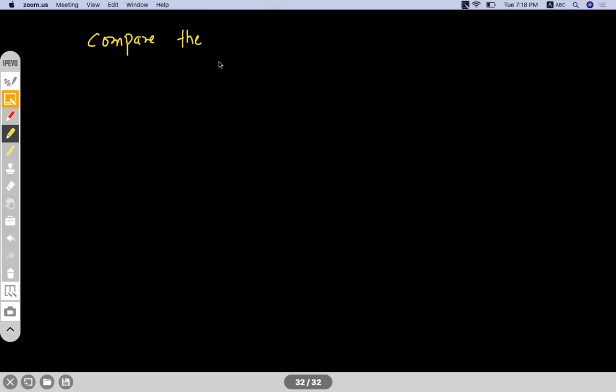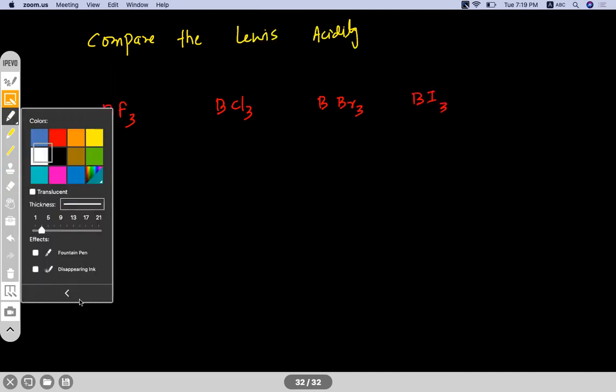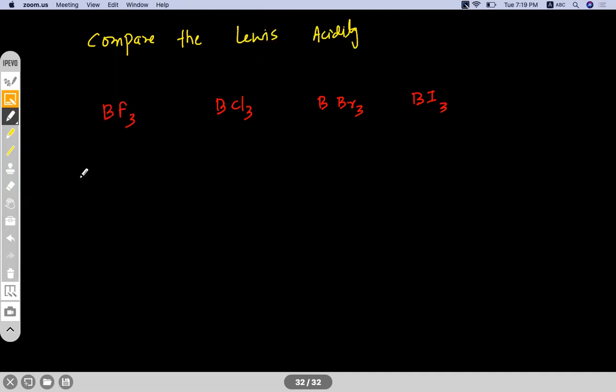Compare the Lewis acidity. Very important question. Compare the Lewis acidity of BF3, BCl3, BBr3, and BI3. See, Lewis acidity is the tendency to accept electrons.